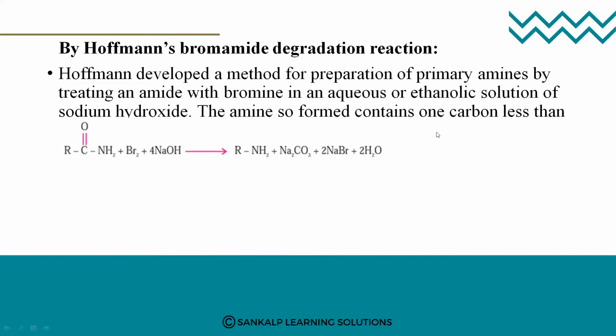So next, one more important reaction, that is Hoffman's bromamide degradation reaction. Hoffman developed a method for preparation of primary amines. How is this preparation? We are going to take an amide, so this is an acid amide.